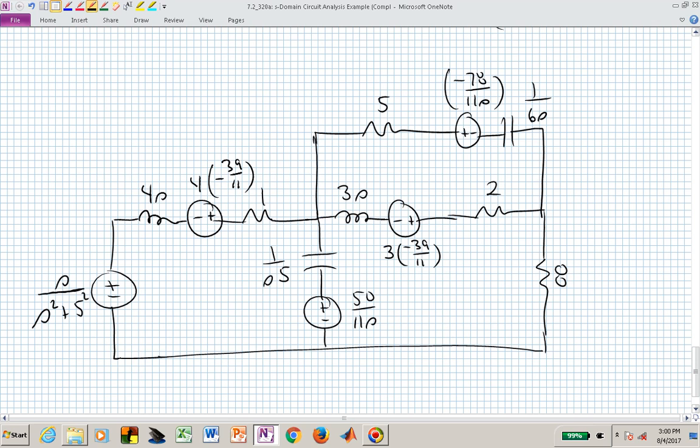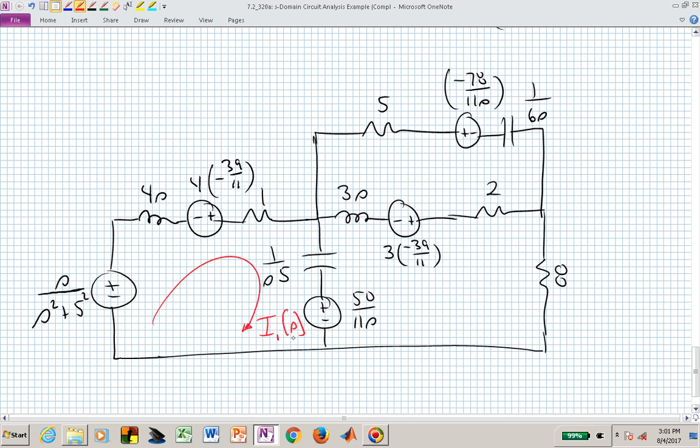We have generalized impedance values, which means we have impedances that are functions of this complex frequency variable S. And now what we want to do is write the mesh equations associated with this circuit. In this case, we have 3 meshes, and let's be consistent with the direction that we make those mesh currents.